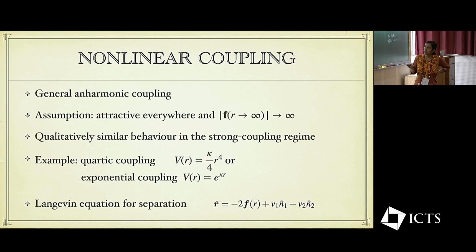So this is the Langevin equation. We cannot solve this exactly for nonlinear cases, but if we again assume that the coupling is very strong and the activity is very large, so the time scale associated with this is very small, then for any given θ1, θ2, r basically relaxes to the turning point of this equation.